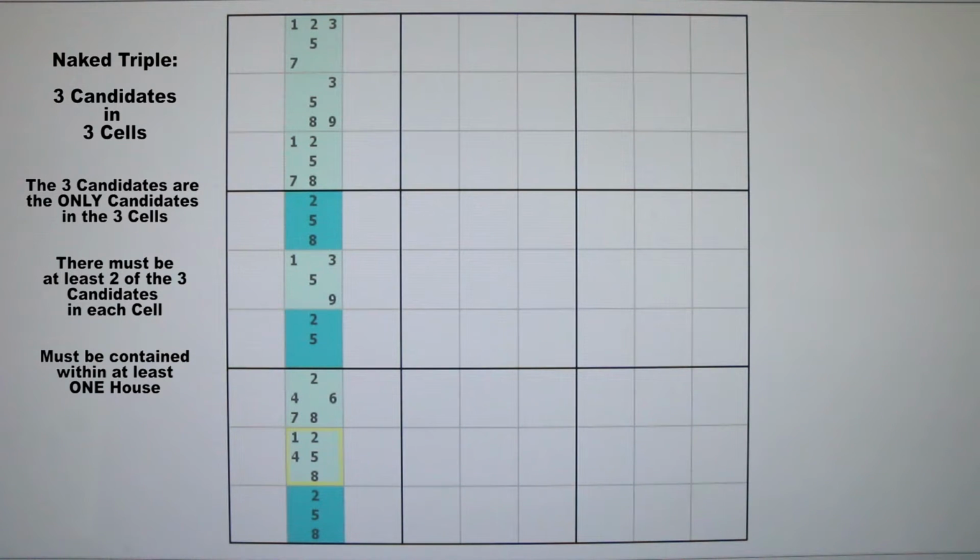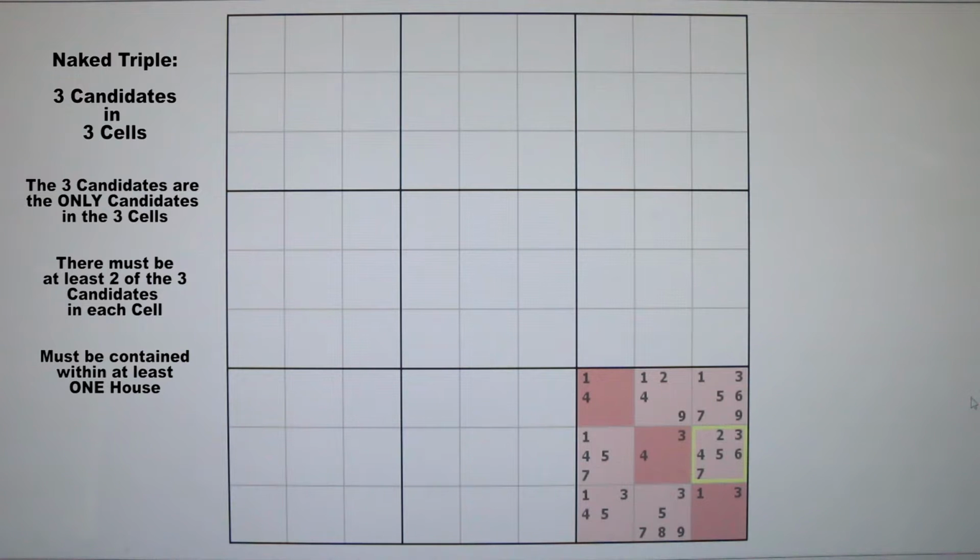So we can eliminate 2, 5, and 8 from every other cell in that column that lie outside the colored cells. So we can eliminate this 2 and this 5, this 8, that 2, 5, and 8, that 5, that 2, that 8, and that 2, 5, and 8. Does that make sense? And then lastly, let's take a look at a block.